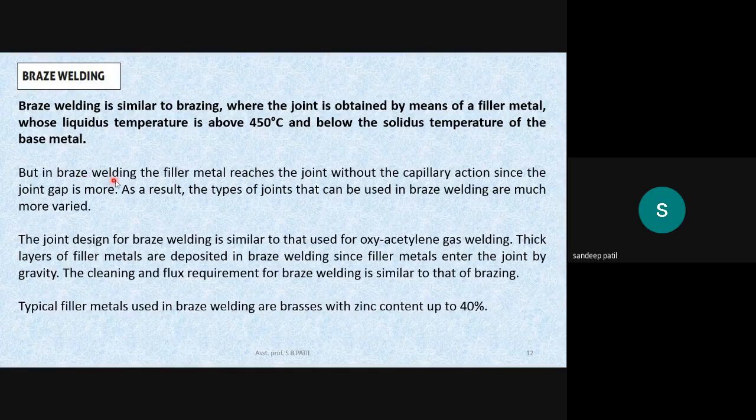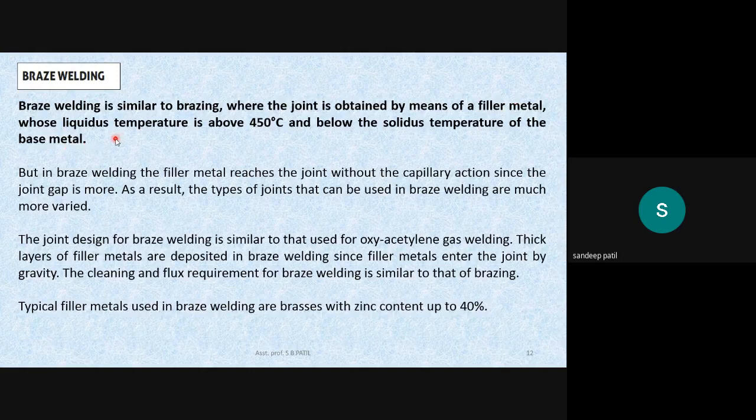But in braze welding, the filler metal reaches the joint without capillary action, since the joint gap is more. As a result, the types of joints that can be used in braze welding are much more varied. So what is the basic difference between the brazing process and the braze welding process? In both processes, filler material is required, and the base metal is required.